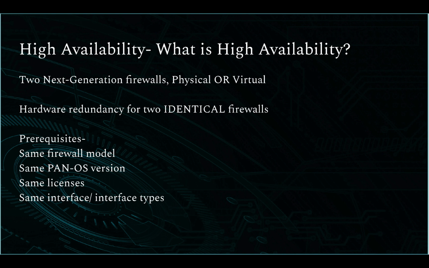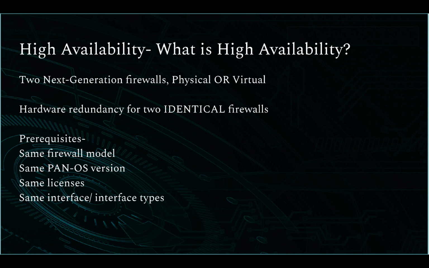Now, the primary use case for high availability is hardware redundancy, and it's hardware redundancy for two identical firewalls. And so this is normally why we don't see this too much within our virtual firewalls, particularly within public cloud.